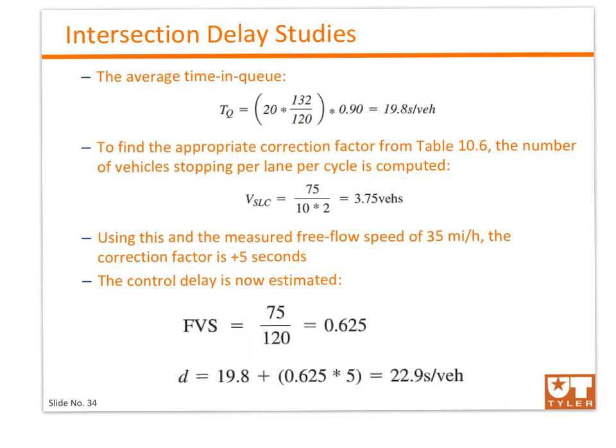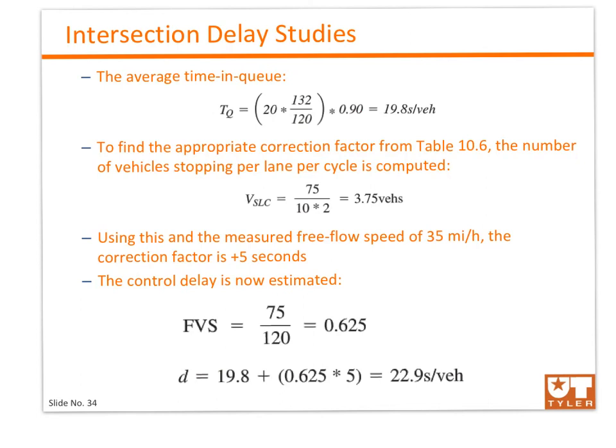Next, we need to find the appropriate correction factor from table 10.6. The number of vehicles stopping per lane per cycle is computed, which is VSLC, 75 over 10 times 2.